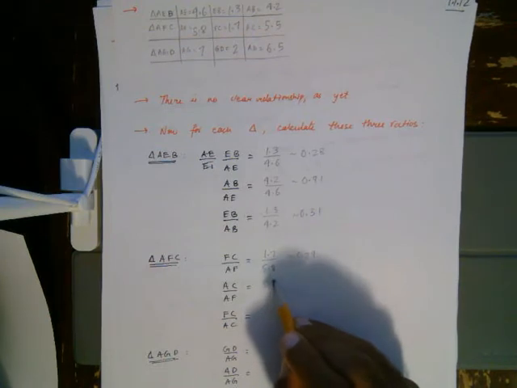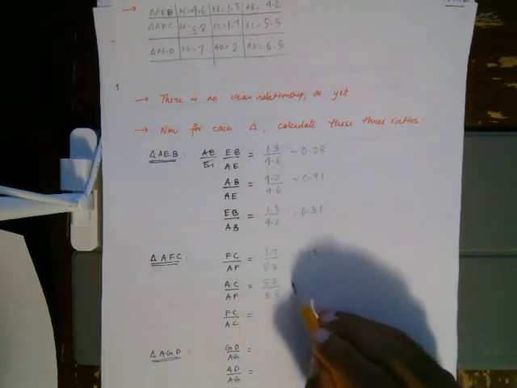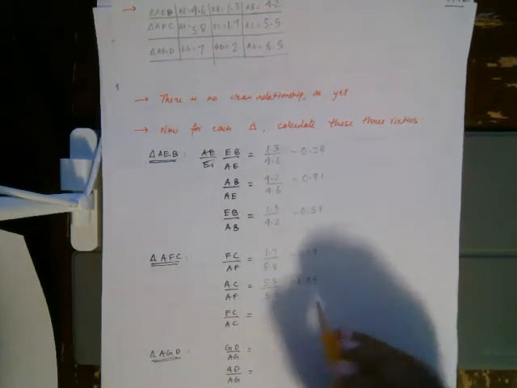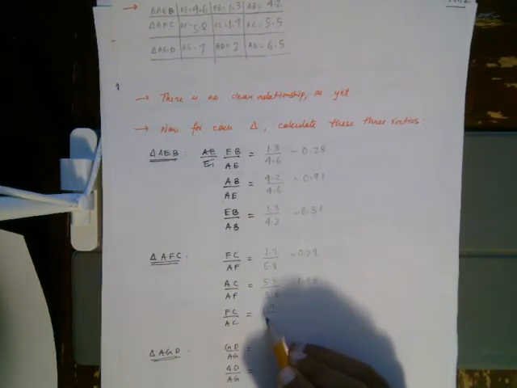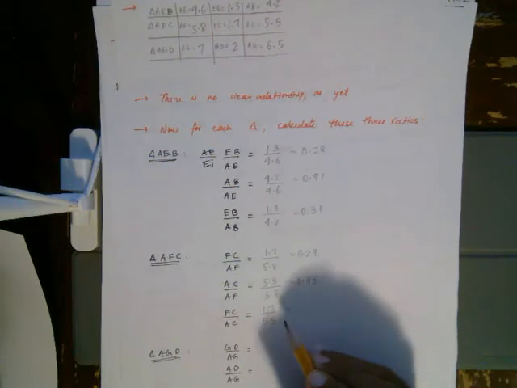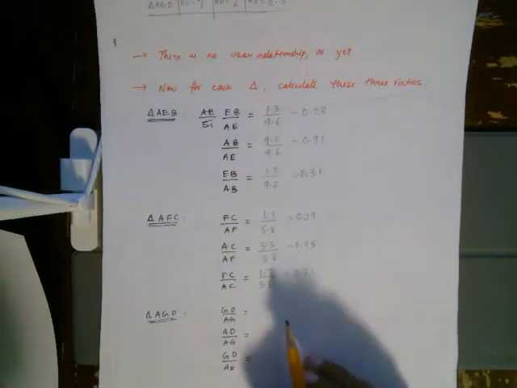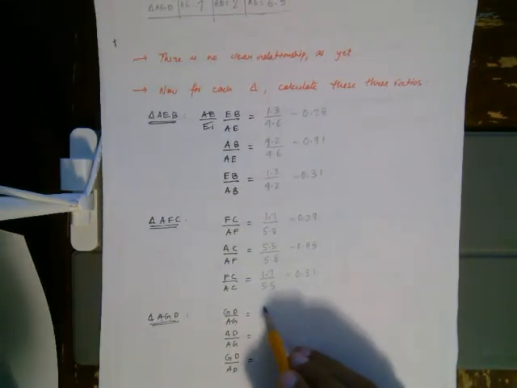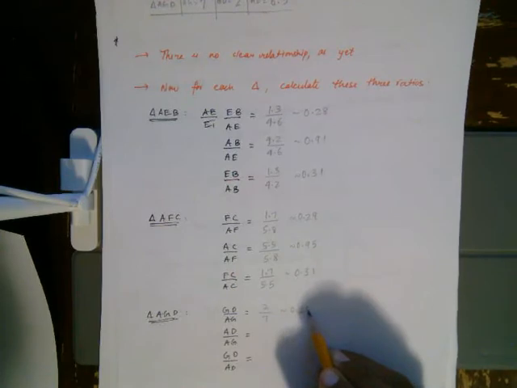AC is 5.5 divided by 5.8, roughly 0.95. FC is 1.7 divided by 5.5, 0.31. And lastly, GD over AG, 2 over 7, roughly 0.28.